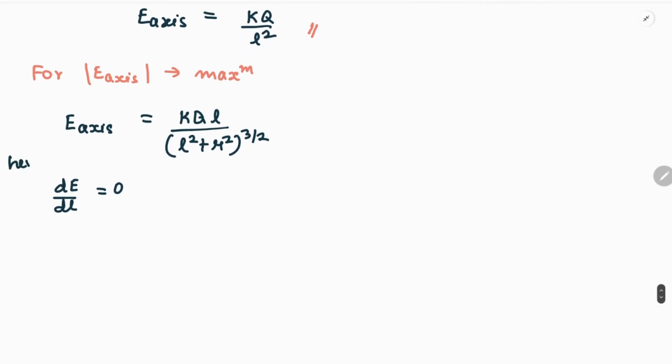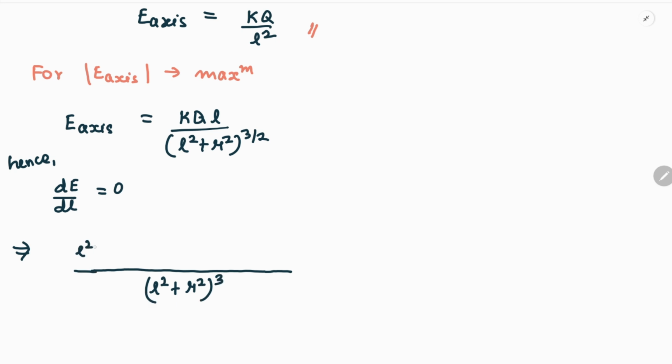So hence dE by dL must be 0, and if we differentiate this term, since we have the term of L in both numerator and denominator, we are first of all using denominator squared.